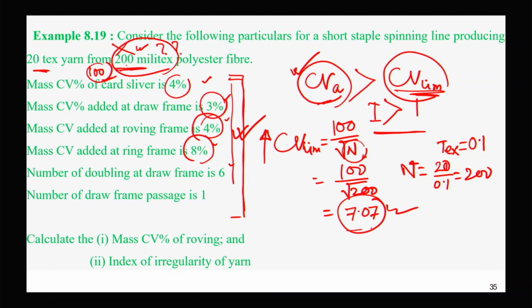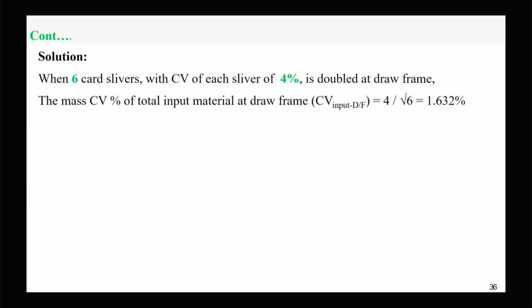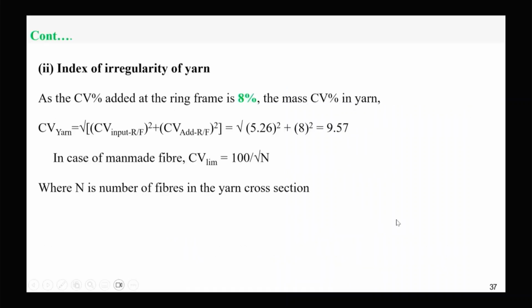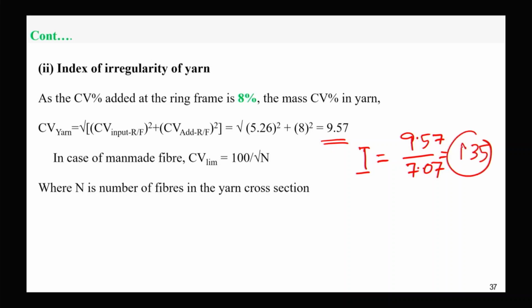So now if we consider this 7.07 in our calculation, 7.07 and 9.57 is the output here. So 9.57 divided by 7.07 is 1.3.